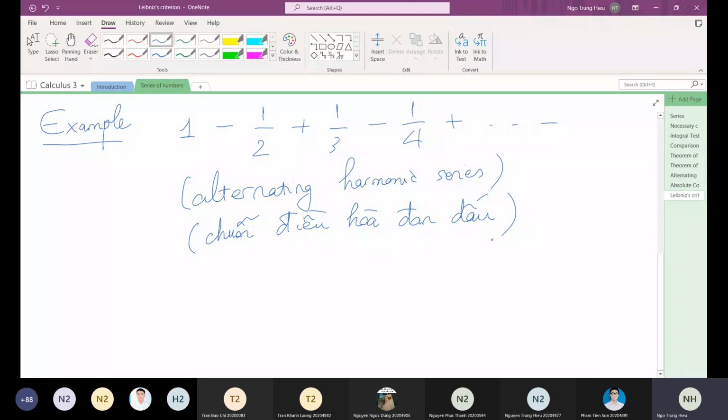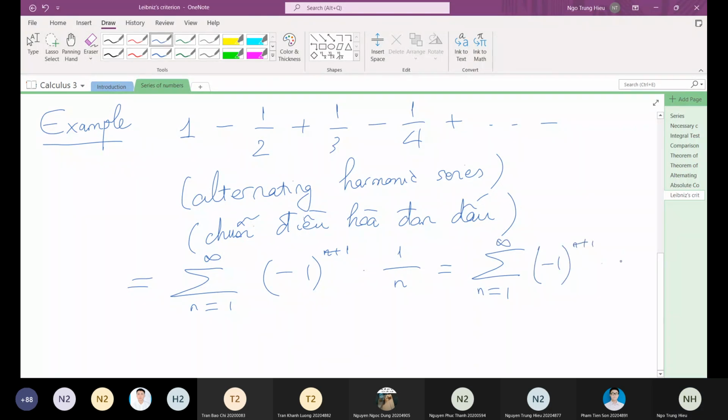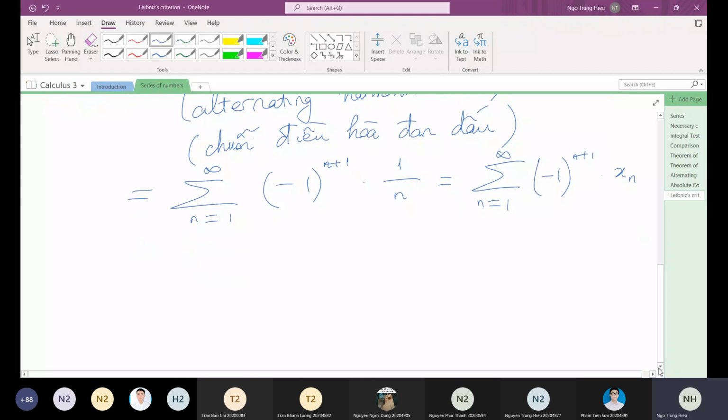All right, so this is equal to the sum n goes from 1 to infinity of (-1)^(n+1) times 1 over n, right? So if we take x sub n equals 1 over n, right? So this is a decreasing sequence.